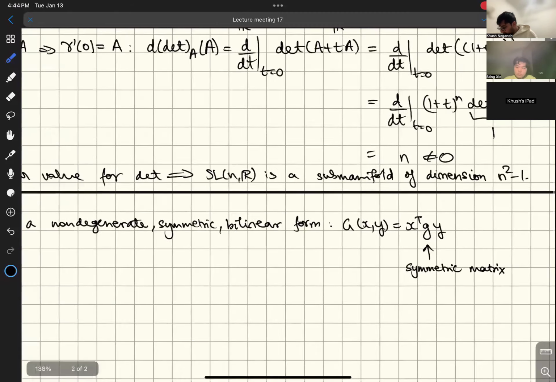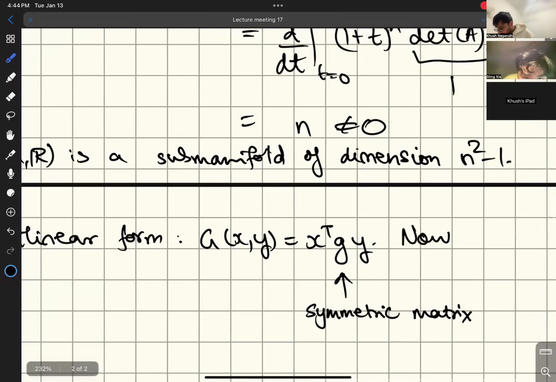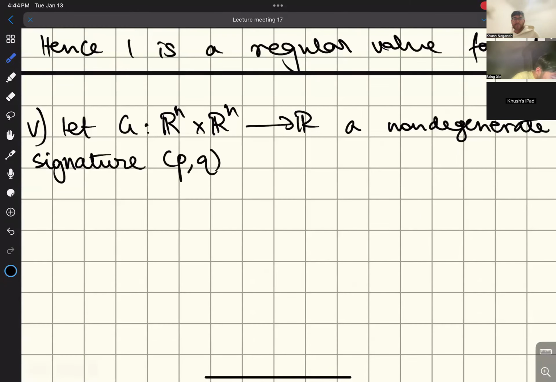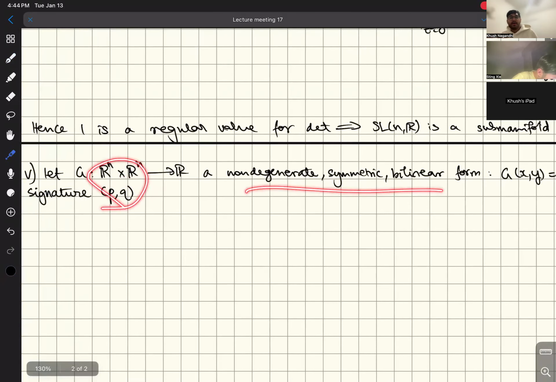Now, G has signature (p, q). If you remember what that is, a non-degenerate bilinear form has signature (p, q) if you can find a basis in which the norm of p vectors is 1 and the norm of q vectors is -1.